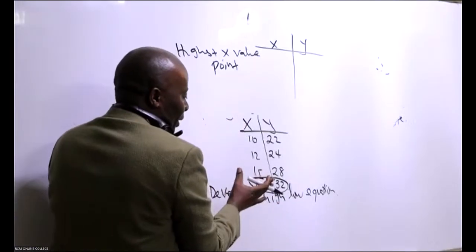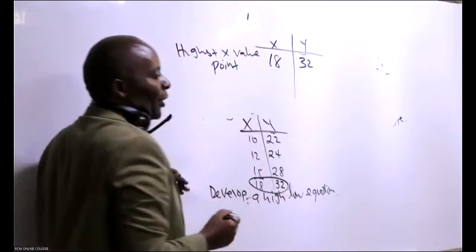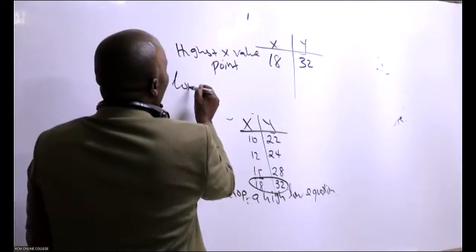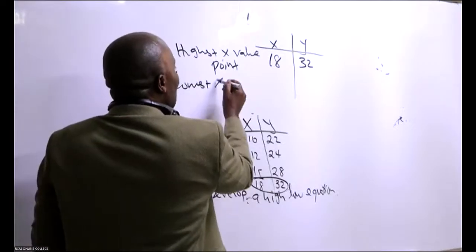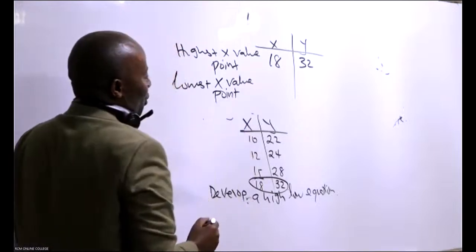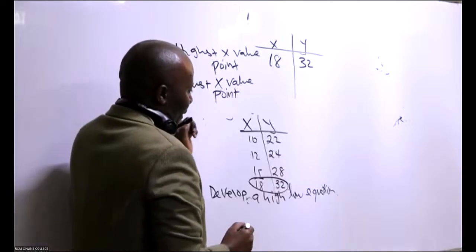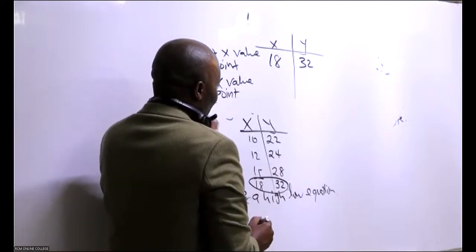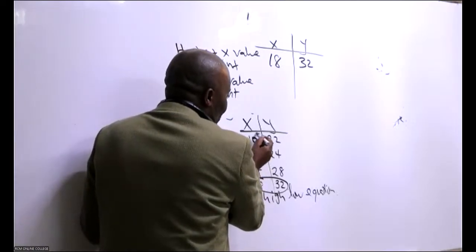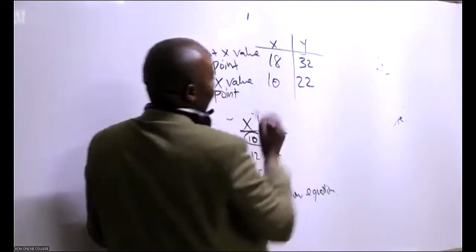So we have 18 versus 32. And then we pick the lowest x value point, not y. The lowest x value is 10, so you pick 10 with 22.